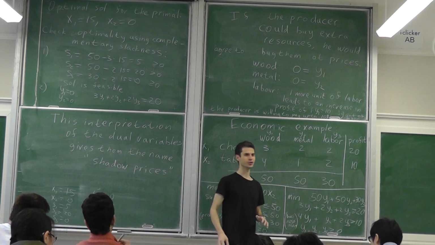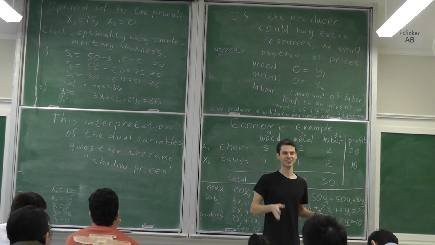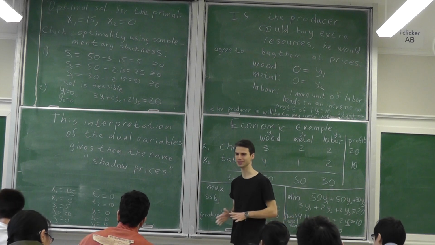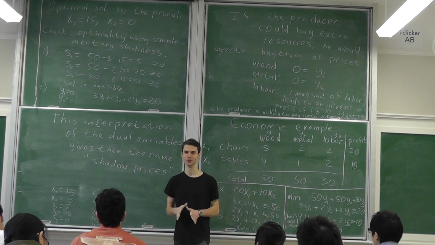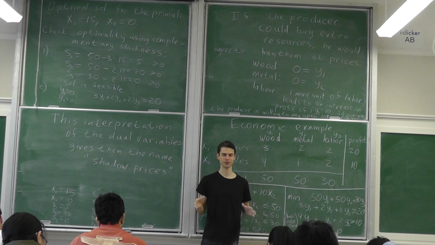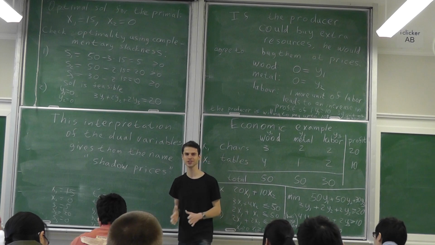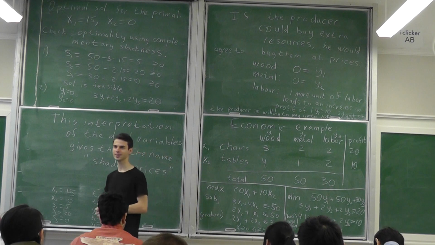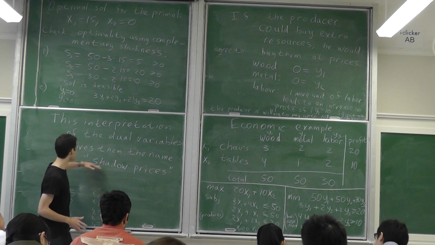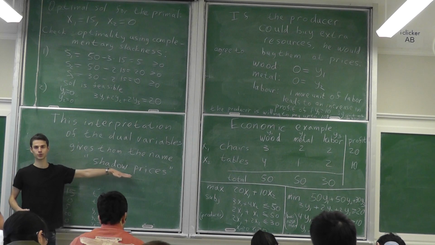Now let me recall the very first lecture. I told you a little story about Kantorovich, and what was the official reason why he was not allowed to develop his theory of linear programming. The reason was he gave the name objective prices to these dual variables.